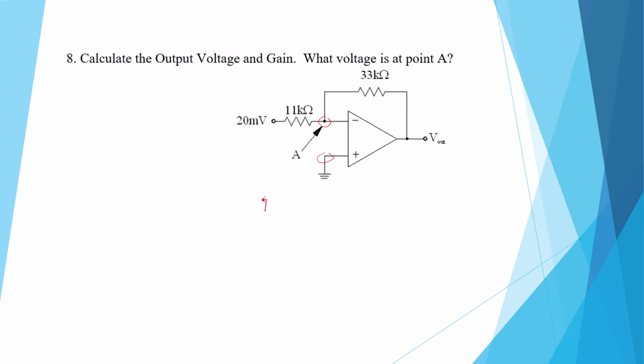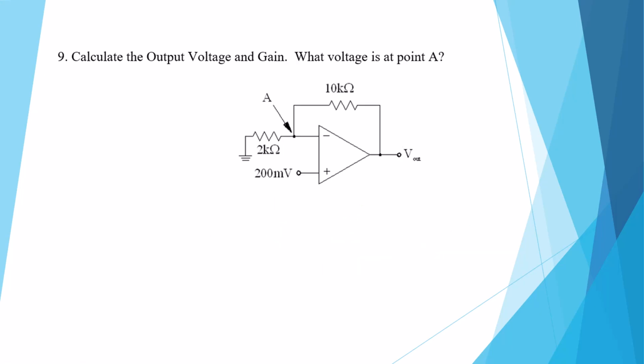So we have RF over Rn, and we have 33K ohms divided by 11K ohms equals 3 is our gain. So we have 3 times our input voltage, which would be 20 millivolts, which equals 60 millivolts, and it's minus because it's an inverting amplifier.